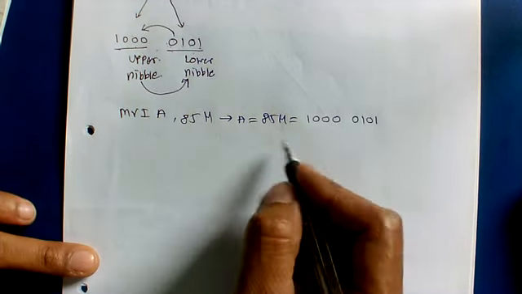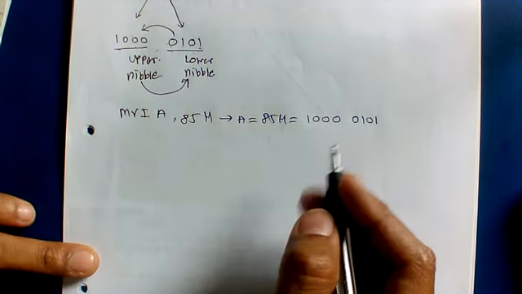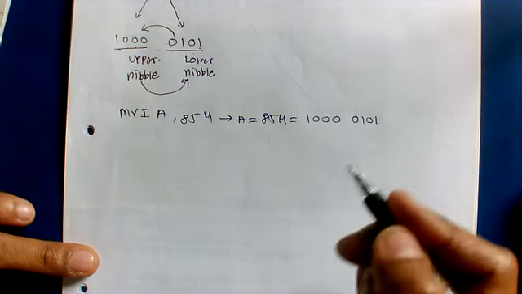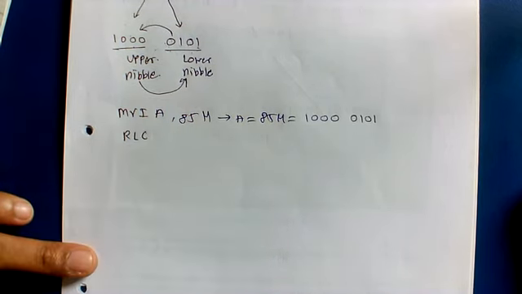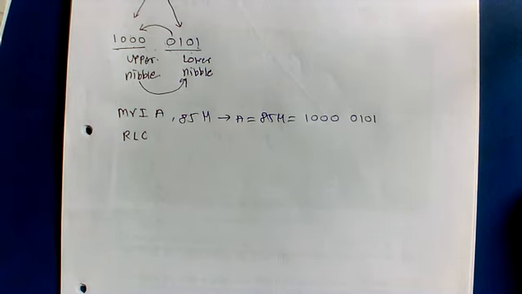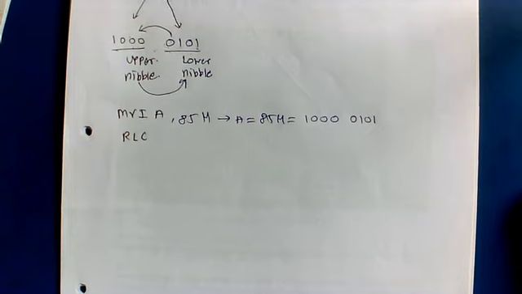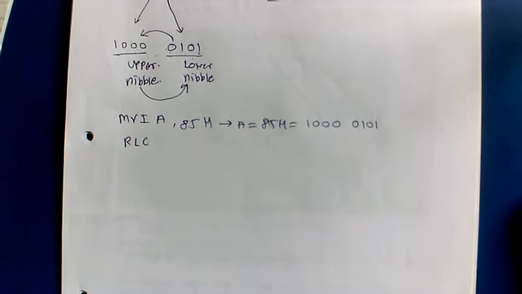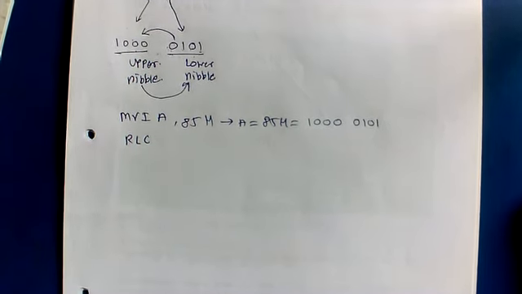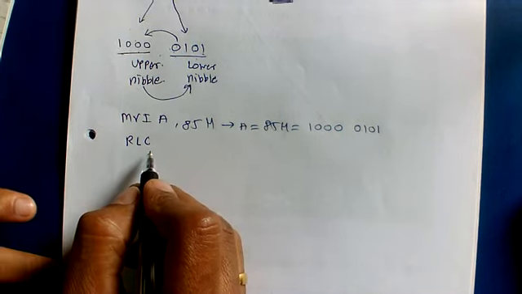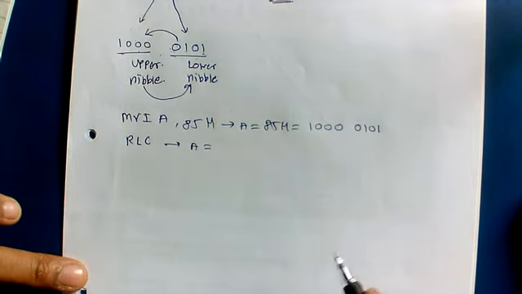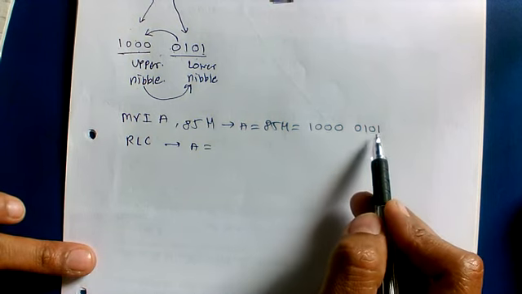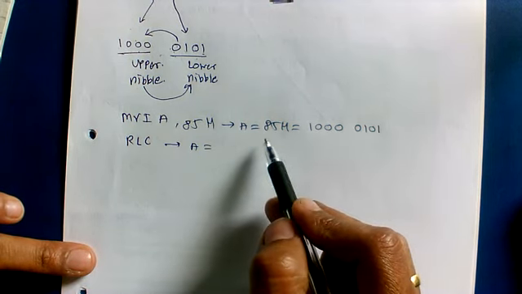Now suppose RLC instruction get executed. First RLC instruction get executed. So after this RLC instruction, rotate left with carry in accumulator, what you will get? These bits get shifted to left.